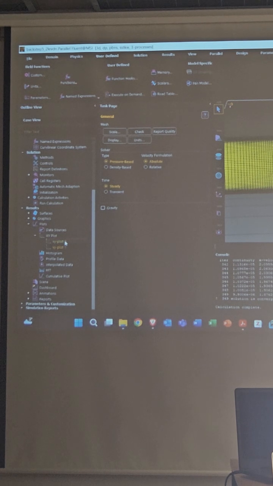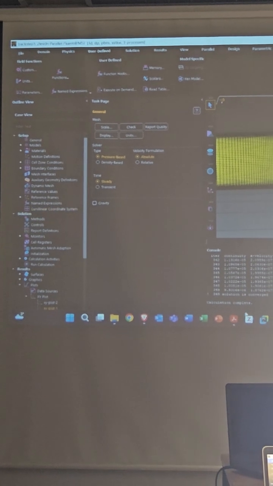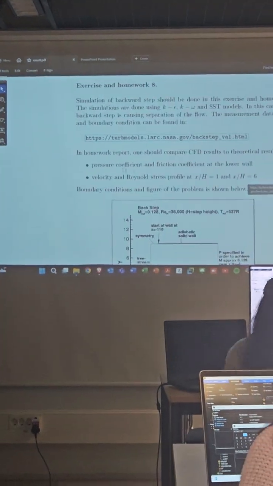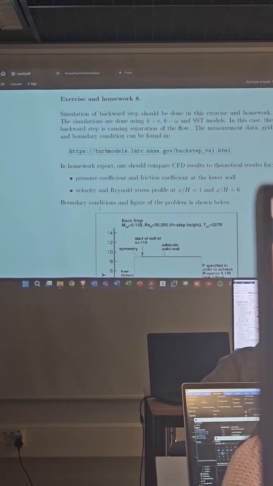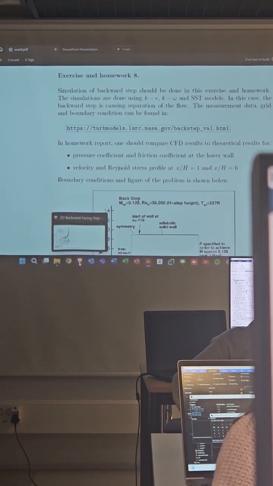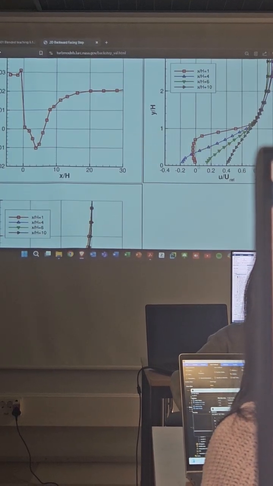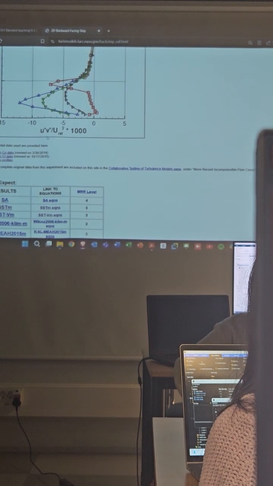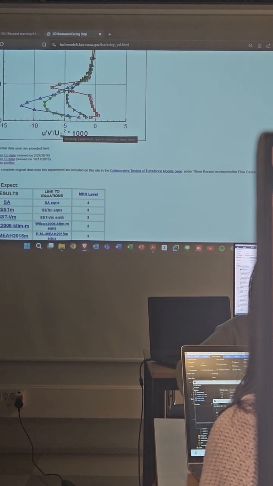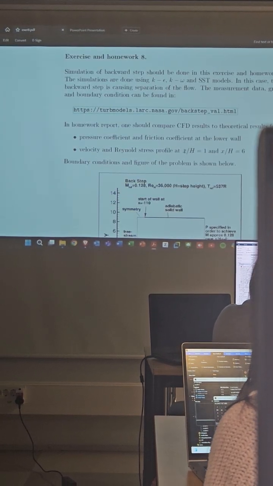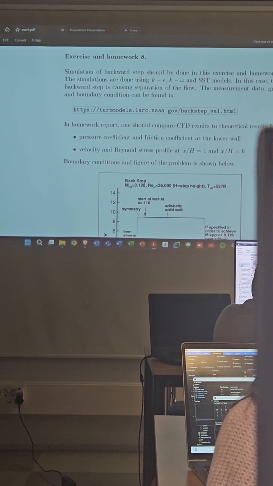Let's create. So in the exercise, the homework, we are asked to plot the velocity and Reynolds stress profile. So basically, the velocity is made non-dimensional with respect to uref, the Reynolds stress with respect to uref to the power of 2 times 1000, at x over h equal to 1 and equal to 6.